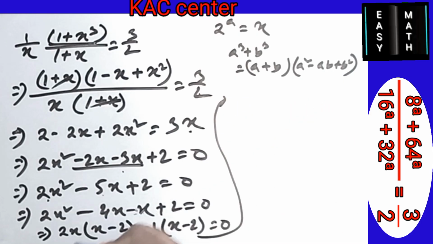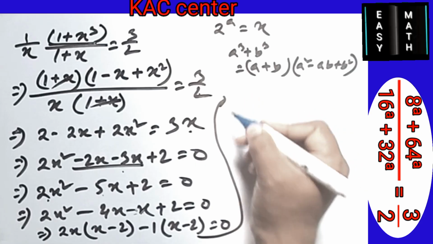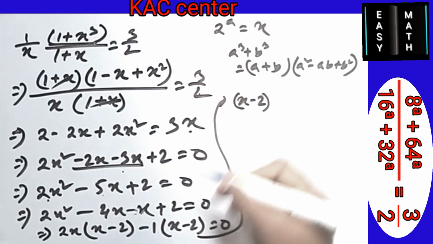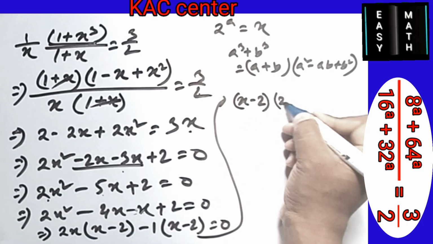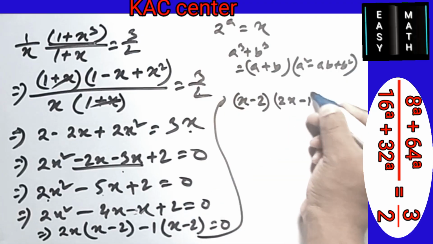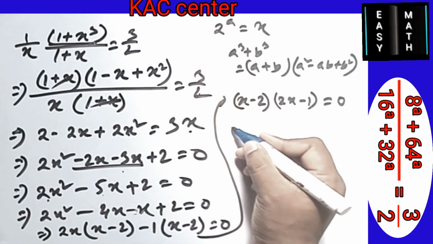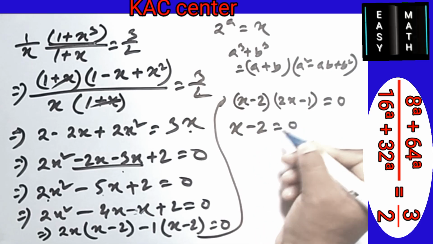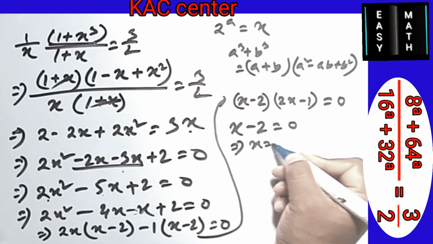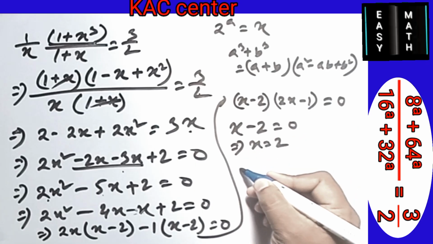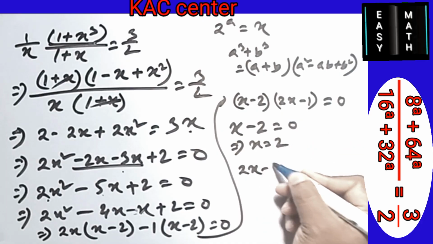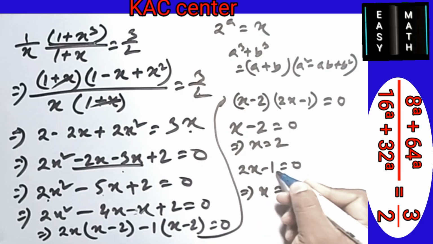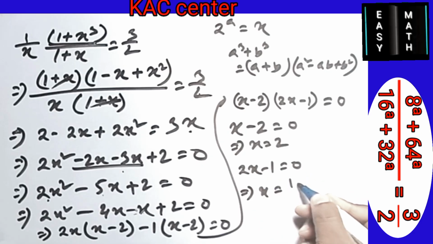Here we can write x minus 2 taken common, so there is 2x minus 1 equal to 0. So x value is 2, and 2x minus 1 equal to 0, so x value is 1 by 2.